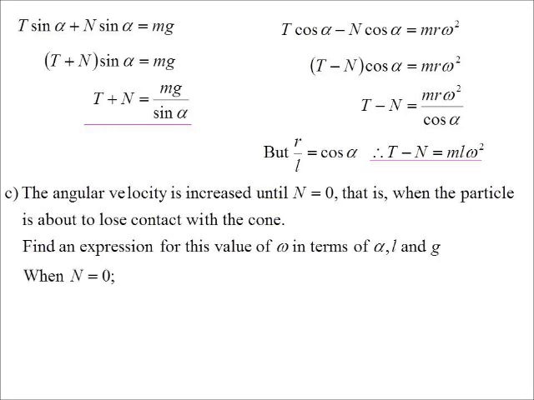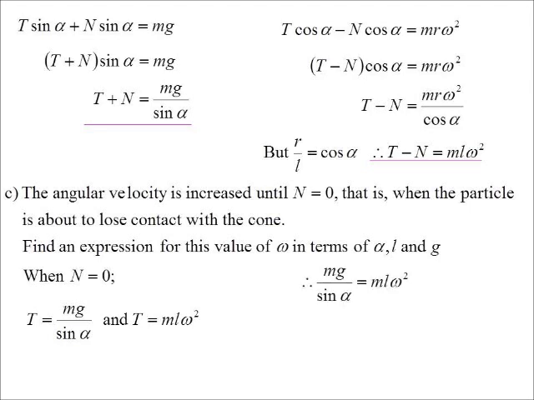So right, n now equals 0 as far as we're concerned. So going back to the two equations we just worked out, I've now got an expression for tension, mg on sine alpha. But I've got another expression for tension, m l omega squared. It's like simultaneous equations now. I can eliminate the tension. I don't need to know the tension.